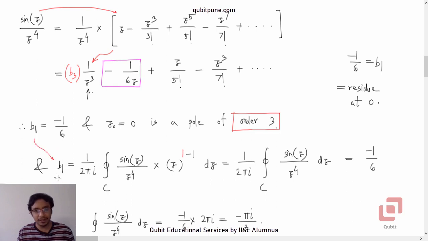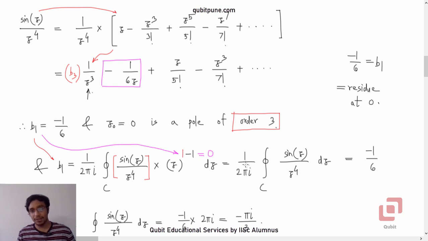The formula to find the coefficient bn is 1 over 2 pi i into the integral of f of z into z minus z naught to the power n minus 1, where n is the subscript here. And because here we are finding b1, this subscript will be equal to 1, and now observe that 1 minus 1 is 0.